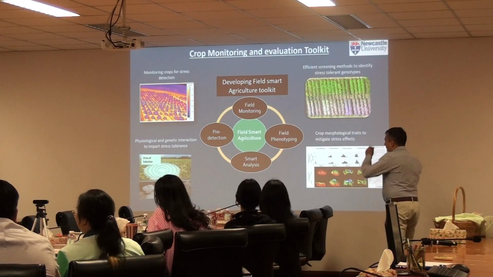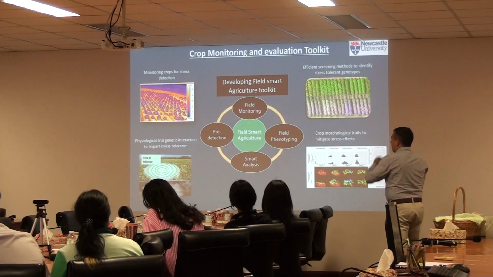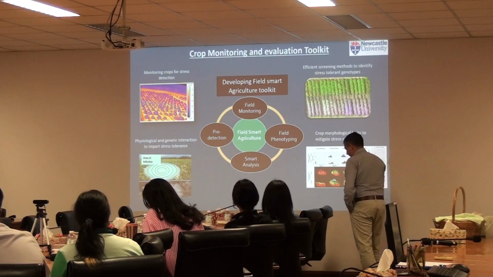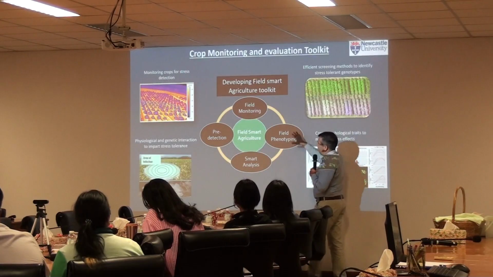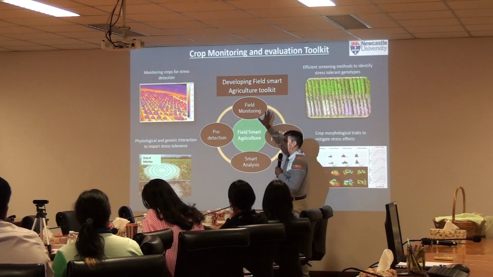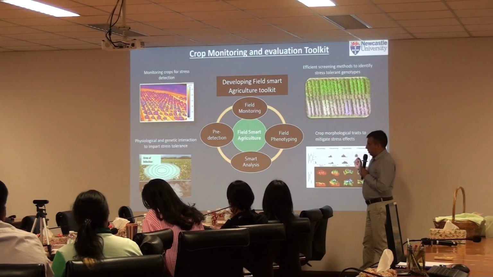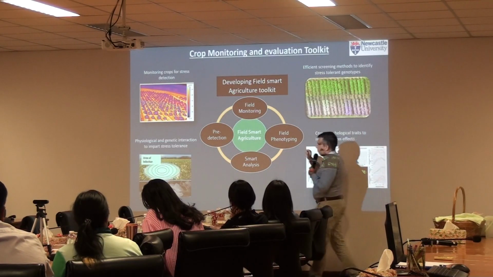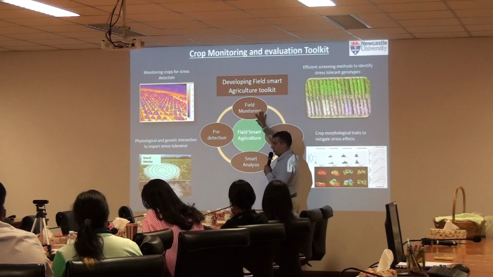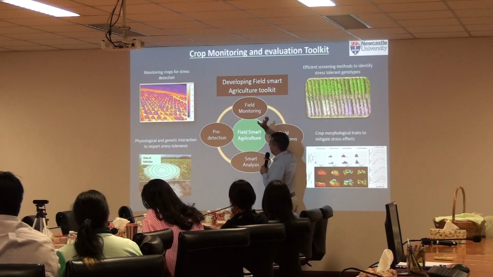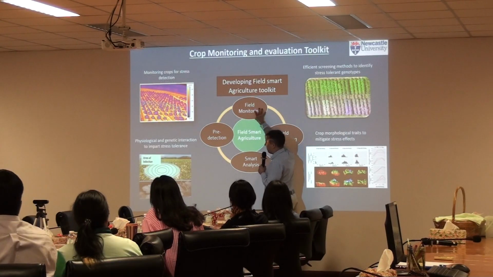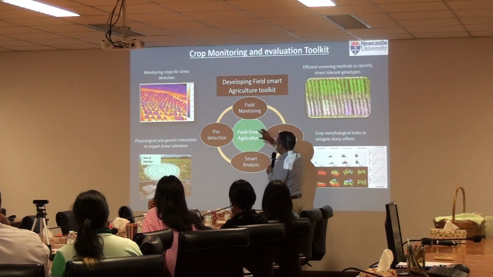Right, perfect. So in order to take things forward, we are developing a field smart agriculture toolkit, right? And in that toolkit, we are bringing the component of monitoring. So any disease which is coming into the field, we are looking at that. Now, that is actually good.